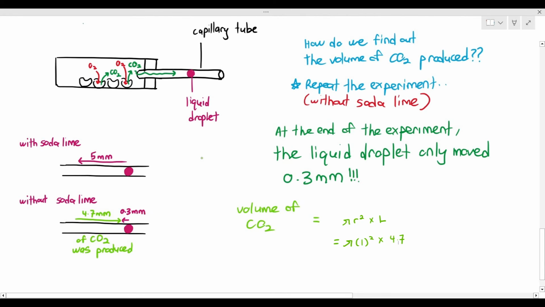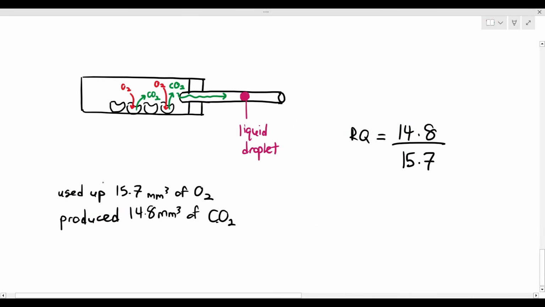In this case, it produces 14.8 millimeter cube of carbon dioxide. So we have the volume of CO2 produced, and we also have the volume of oxygen used up. Therefore, the respiratory quotient in this case is 14.8 divided by 15.7, which gives you an answer of 0.94.